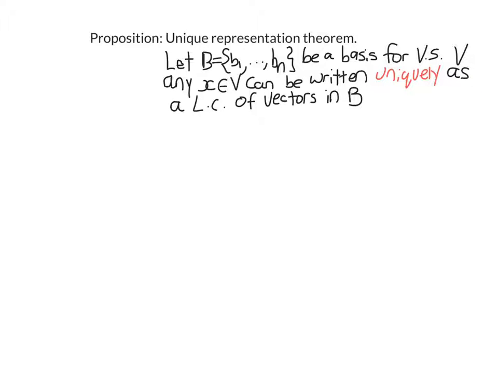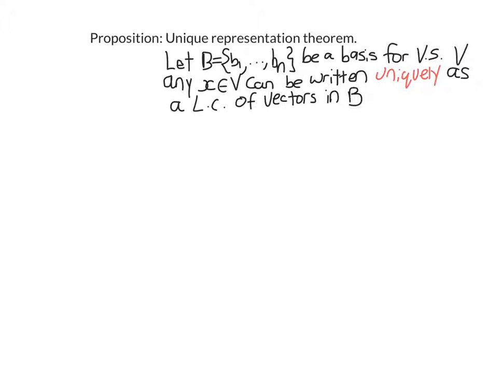So just before I start, let's look at what we're actually saying here. Well, firstly, notice that bases for any vector space are not unique. We've seen that. For example, in R2, you could have the basis 0, 1, and 1, 0. You could also have the basis 1, 2, and 3, 4. So there are infinitely many ways to write a basis of a vector space.